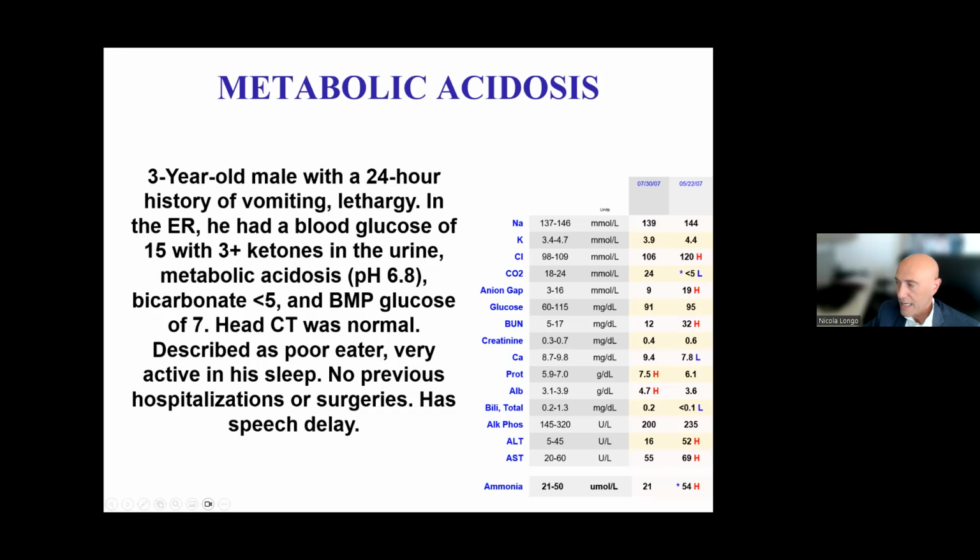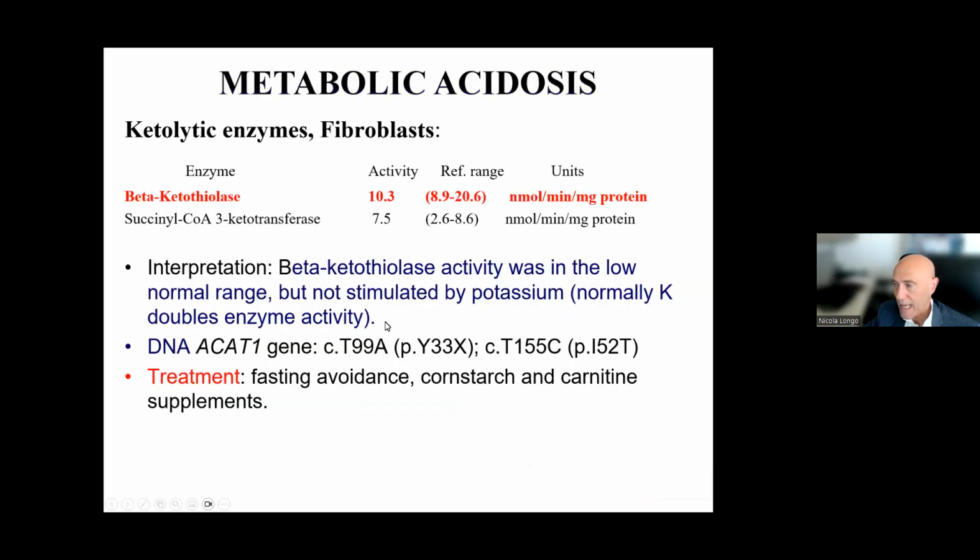And you can see here, increased anion gap. And the glucose at this time was 95 because the child had already received IV glucose. So they did a head CT that was normal at this point, and the child was otherwise doing okay, but had a history of speech delay.